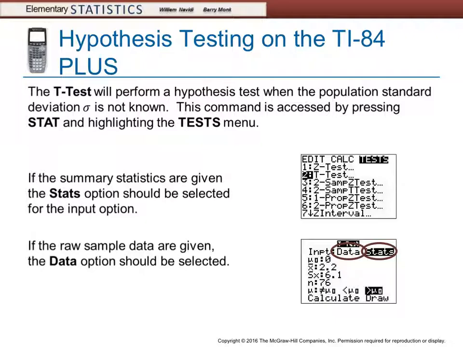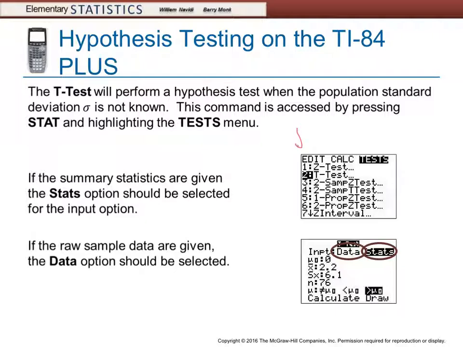Well, in the previous problem, we're going to use the TI-83 or 84 to calculate the t-test and perform a hypothesis test when the population standard deviation is unknown. This command is accessed by pressing the Stats key and highlighting the Tests menu.